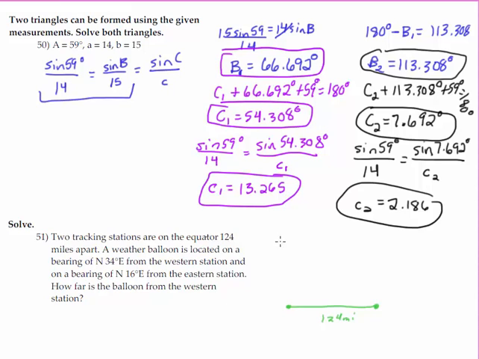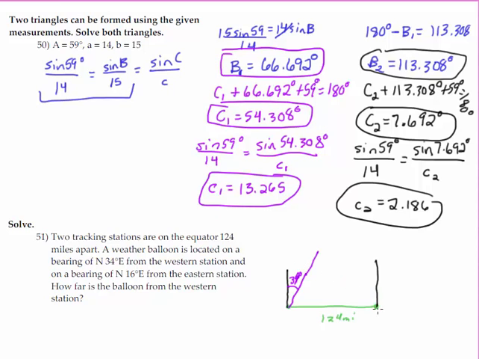So I want to think about north is straight up and down. And so 34 degrees east of north puts us around this general area. And then on a bearing of north 16 degrees east from the eastern station. So this is north 16 degrees.